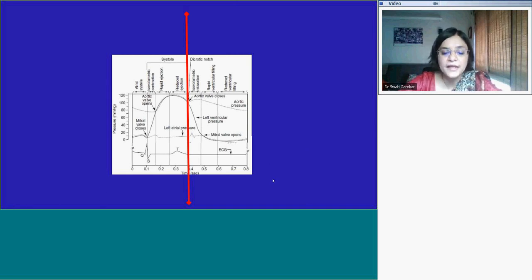So in detail, because the whole of diastology is about this: ventricular diastole starts at the end of the T wave with the aortic valve closing.